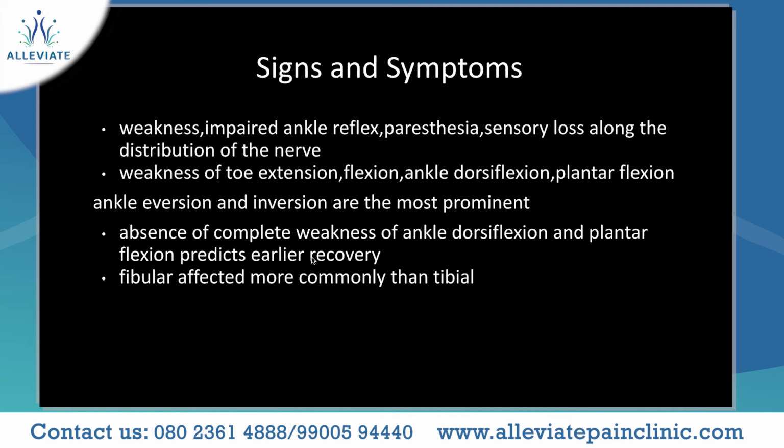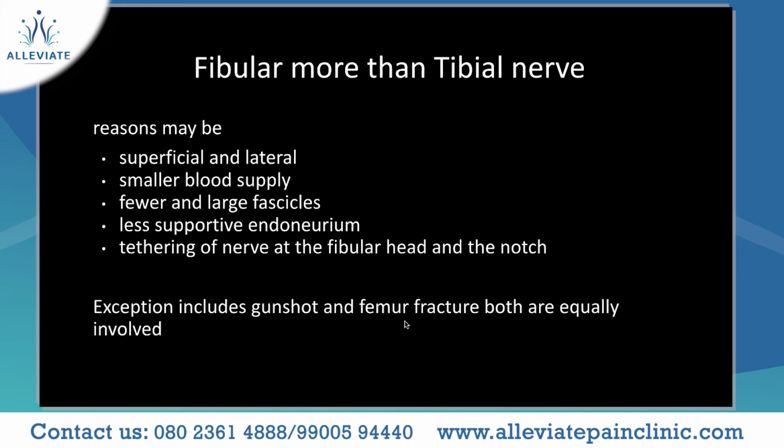Absence of complete weakness of ankle dorsiflexion and plantar flexion is a good prognostic sign, and early recovery can be expected. The fibular division is affected more commonly than the tibial. We'll be seeing why that happens. Why does the fibular division get affected more? Because it's more superficial and lateral, and has a smaller blood supply, fewer and larger fascicles, less supportive endoneurium, and tethering of the nerve at the fibular head and notch.